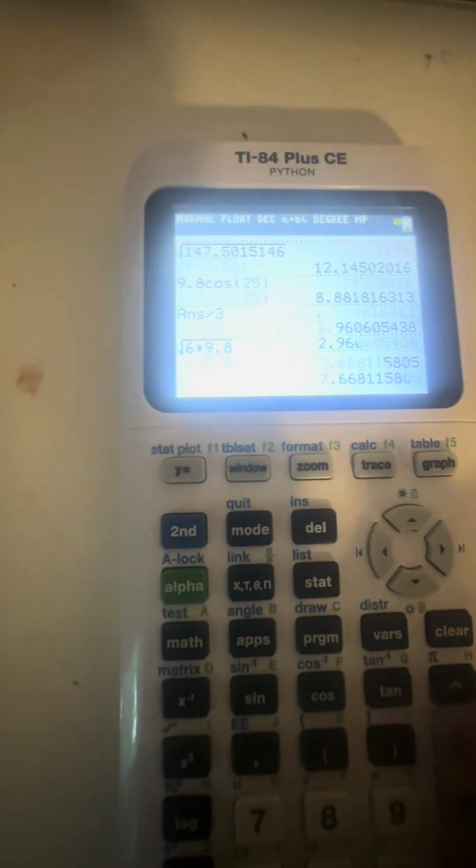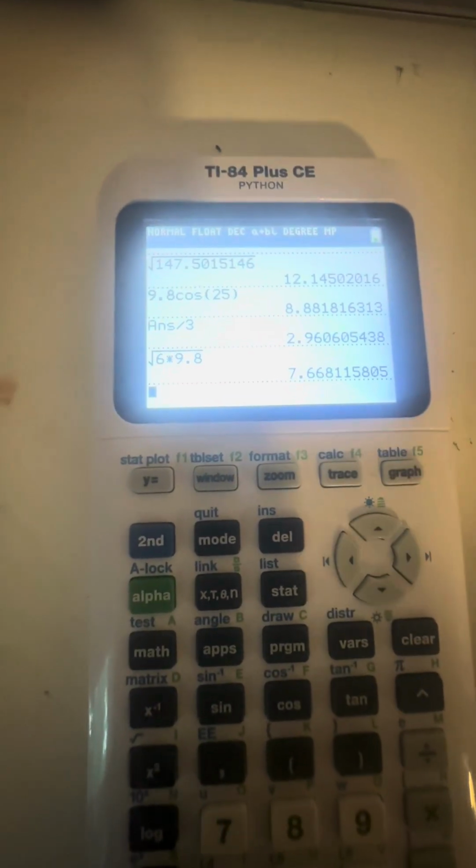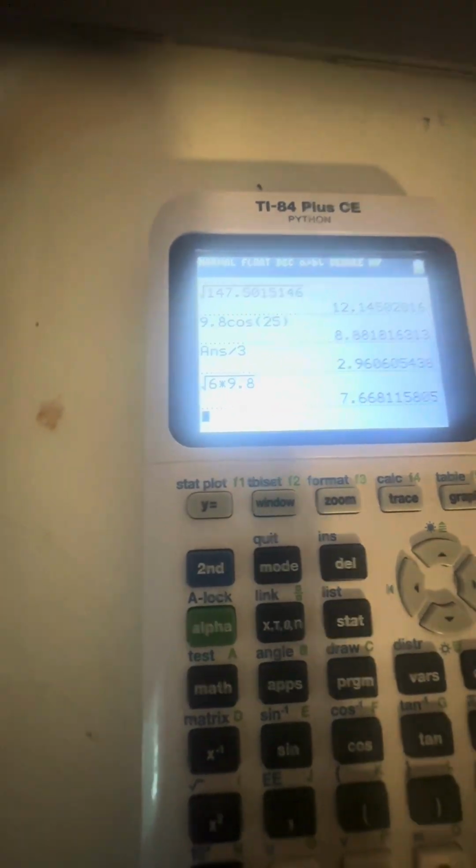So we could just plug that into our calculator: 6 times 9.8, which gives us a v of 7.668. So v at the lowest point is 7.668 meters per second. And we only need the magnitude, so we don't need the direction.